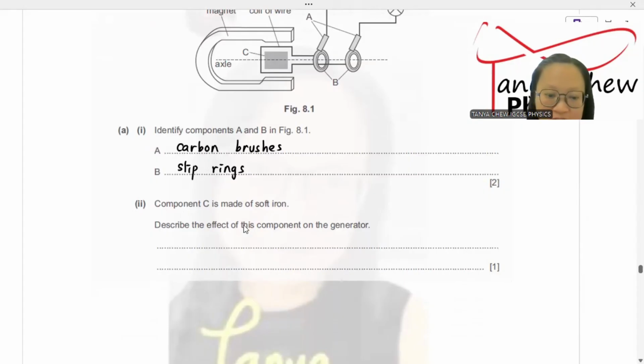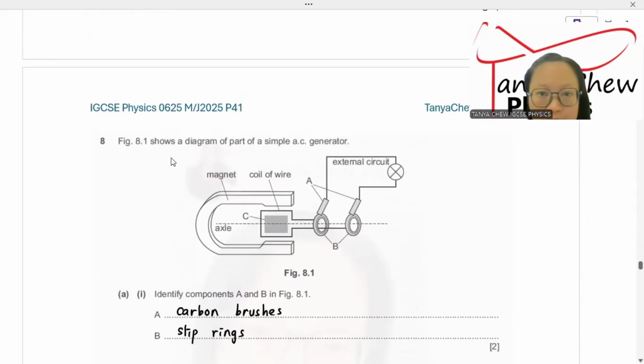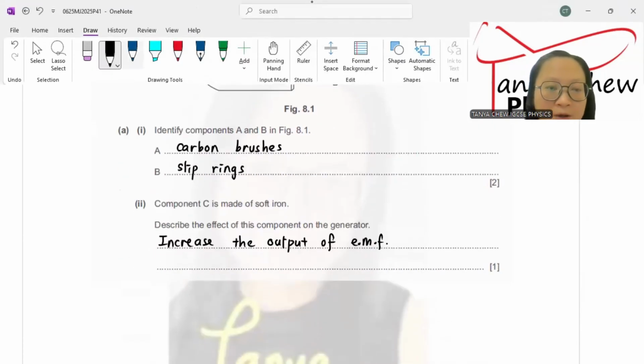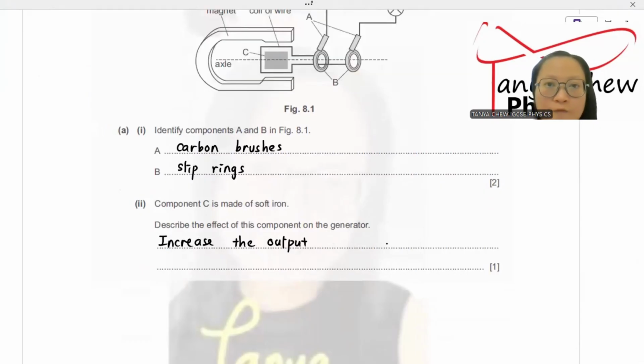The second part, component C is made of soft iron. Describe the effect of this component on the generator. It is to increase the output EMF, the output voltage.